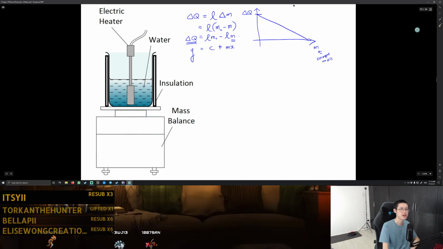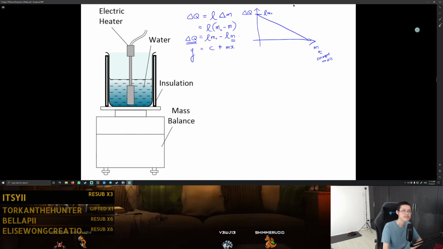So this part here, with M is 0, is actually L times m naught. And the gradient is going to be equal to negative L.